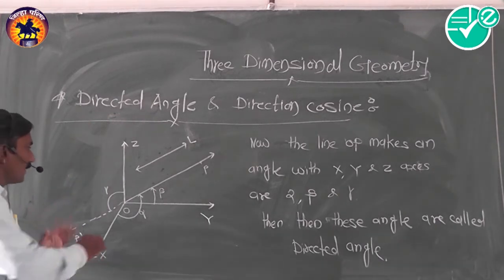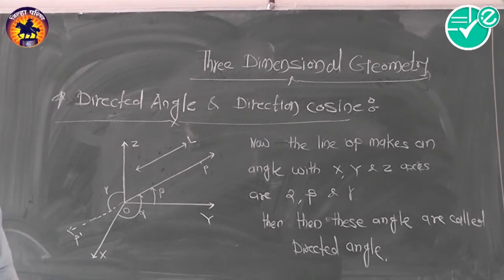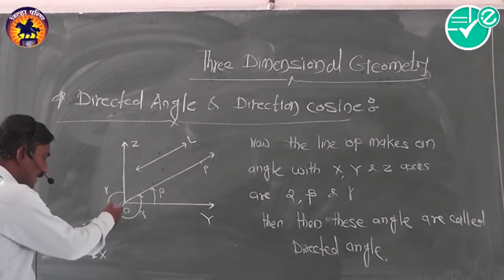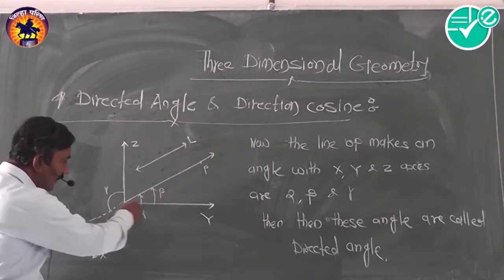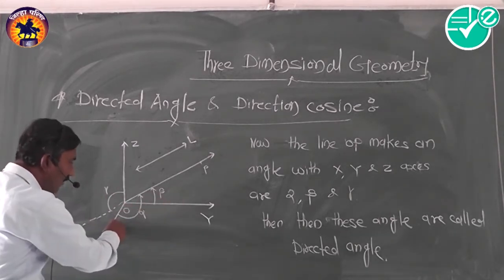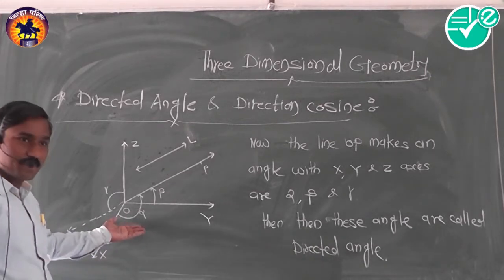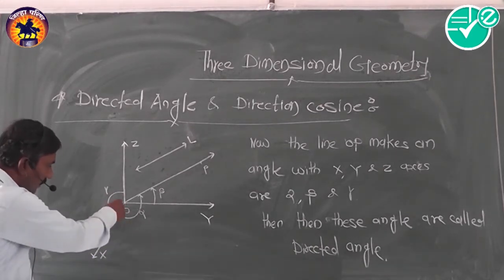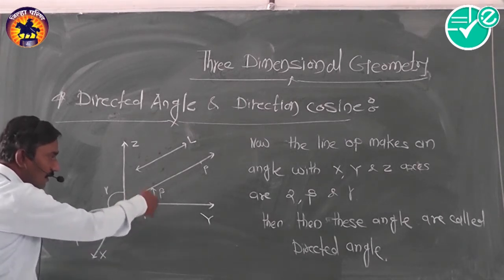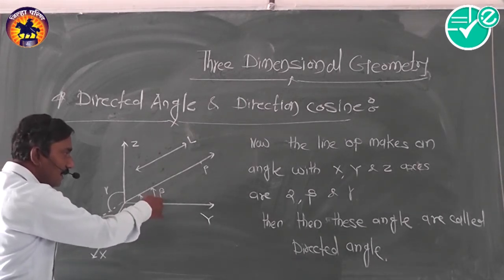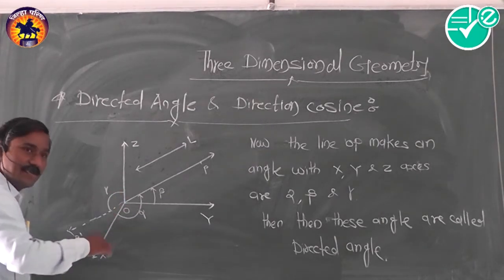Okay. Now here is three-dimensional. This is x axis, this is y axis, z axis. This is our length, our width, our height. We have discussed this first. Here OP line makes alpha angle with x axis, beta angle with y axis, and gamma angle with z axis.